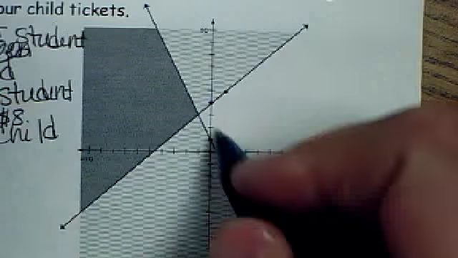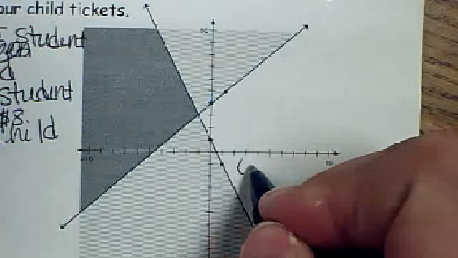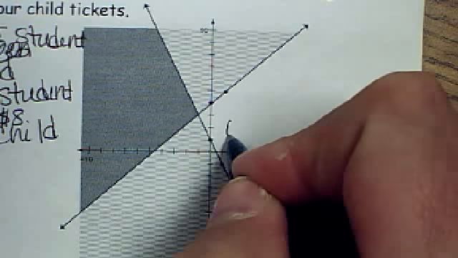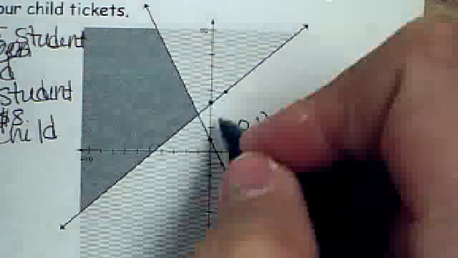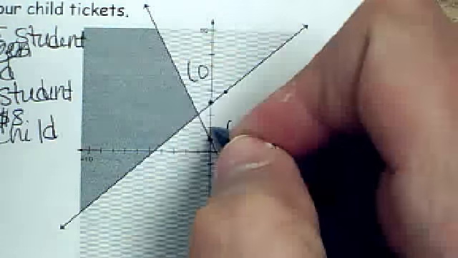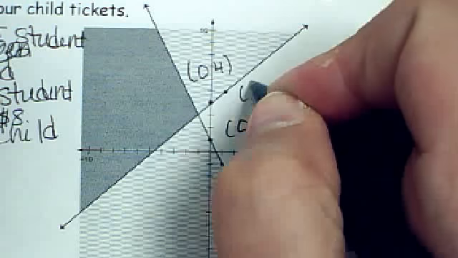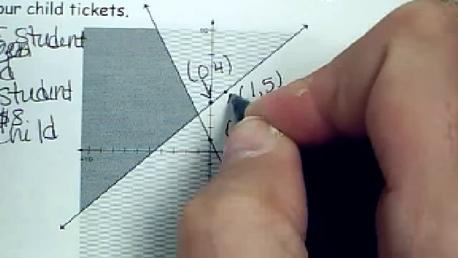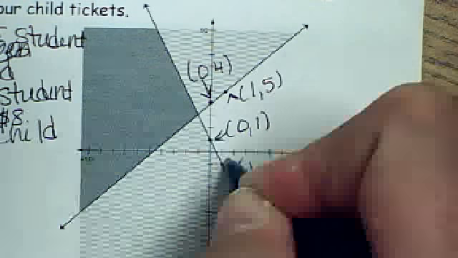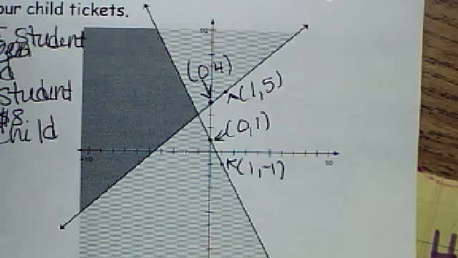I'm going to show you this line. This line has the points 1, -1, and 0, 1. This one is 0, 1, 2, 3, 4, and 1, 5. So there, and there, and there, and there. And so you can use those to help you sketch this graph.